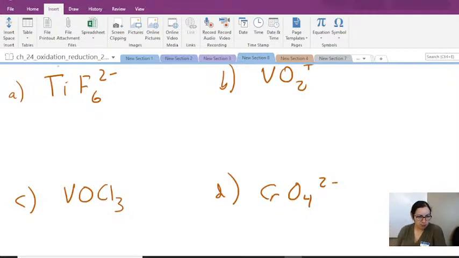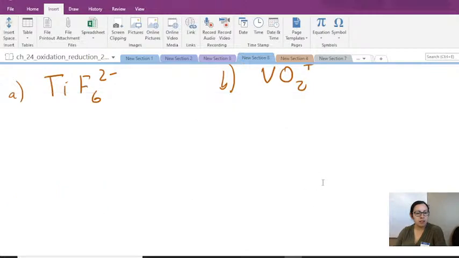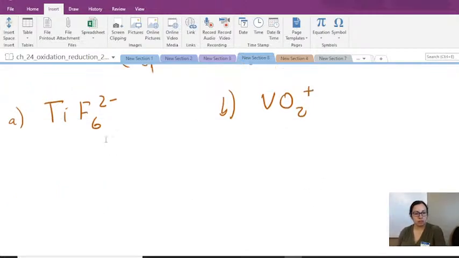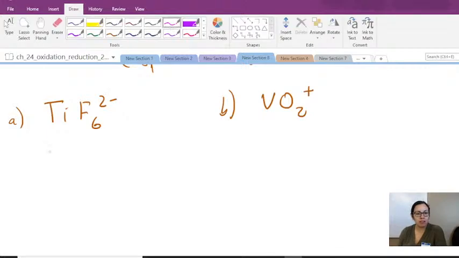So what do we get for the oxidation state of titanium for A? I hear a 4 plus. Did other people get that? I see some nods there.